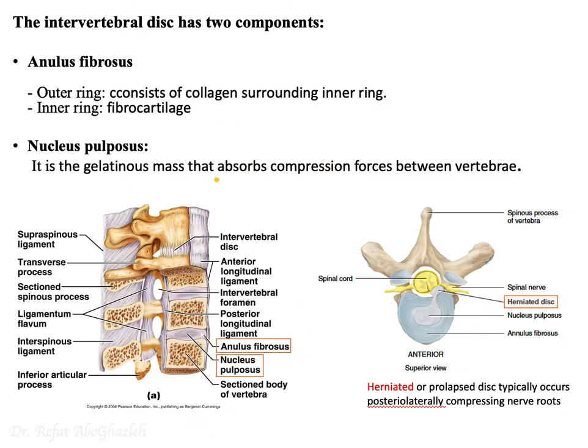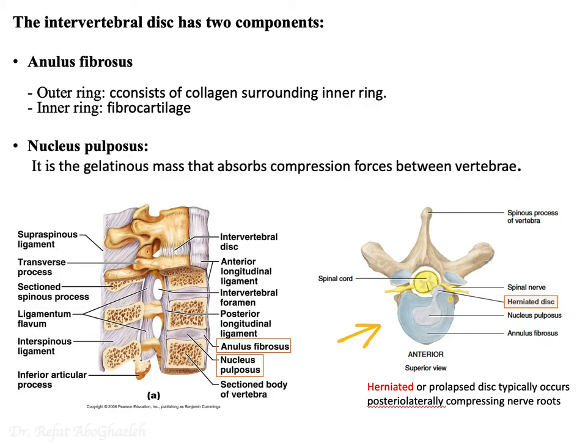If you look at the intervertebral disc superiorly, you will find it has a kind of circular shape. It takes the shape of the vertebrae where it's located, and it's composed of two parts, an outer part and an inner part.